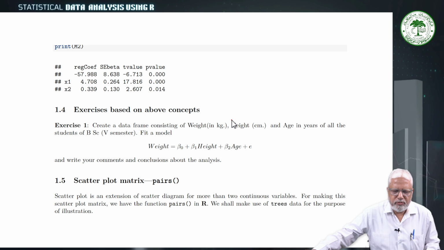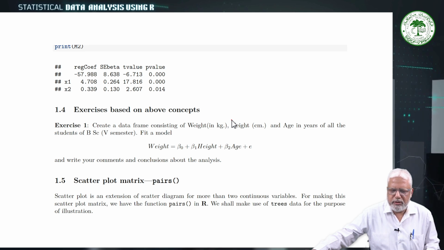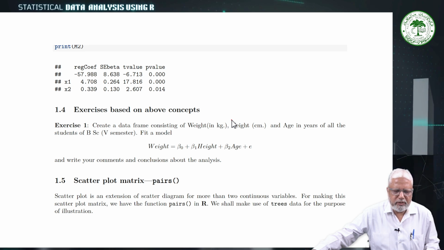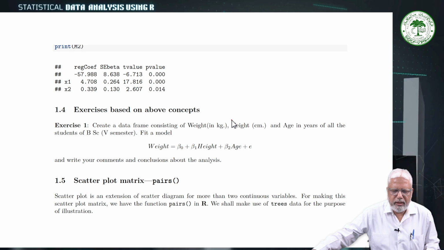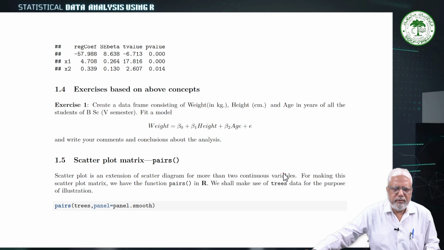Fit a model, weight is equal to beta naught plus beta 1 into height plus beta 2 into age plus epsilon, and write down your commands and conclusions about the analysis. So this was all about the exercise.